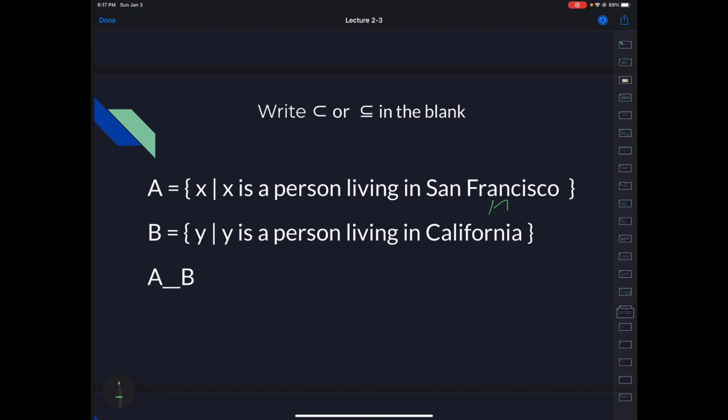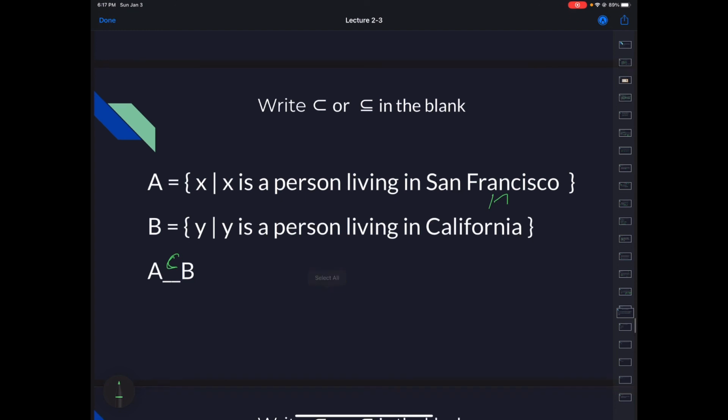So we have that it is a subset. But not only that, there are plenty of other people who live in California. So we could go further and say A is simply a proper subset of B. Because these sets are most certainly not equal. A is much less than B.